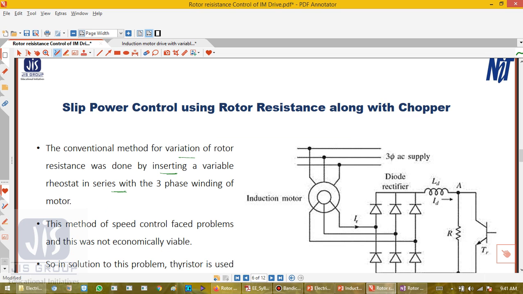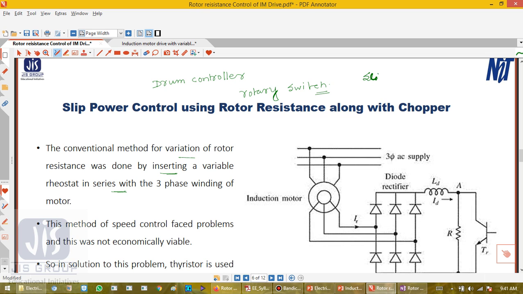So in a drum controller, by changing the rotary switch, we can change the resistance. Variable resistance can also be obtained by using contactors and resistors in series. That is what I have mentioned. High power applications use a slip regulator. So this is also a conventional method.